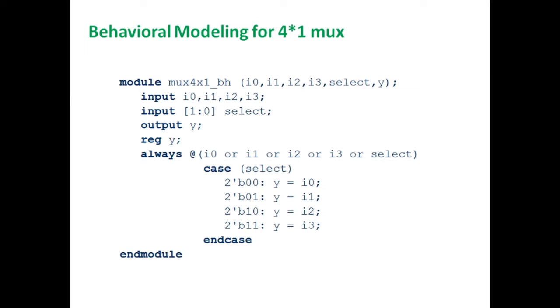We will see a few more examples in the further slides, and let us discuss a few terminologies that are most essential and play a vital role in modeling any hardware designs.